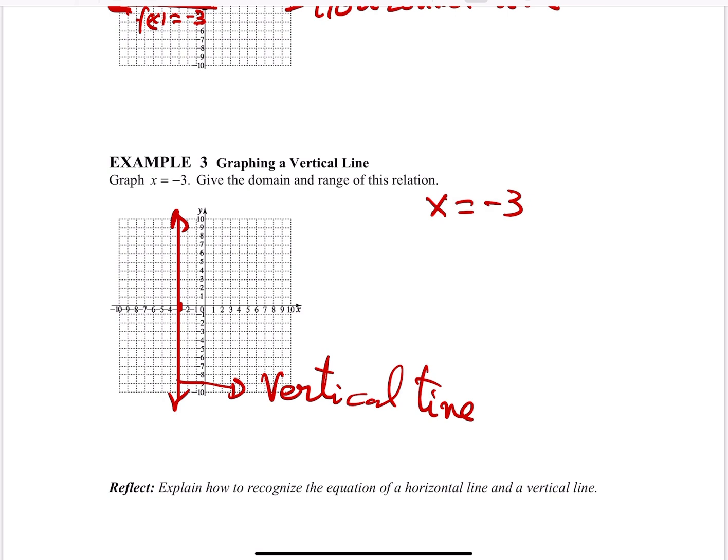So now they ask you to find the domain and the range. The domain always checks the x-axis, and the range checks the y-axis.